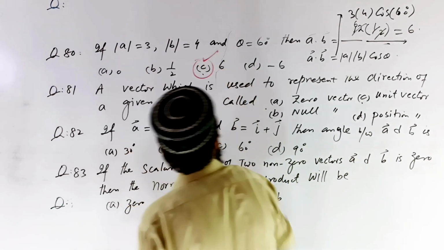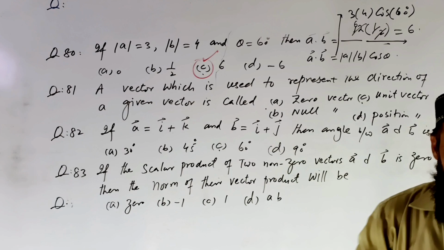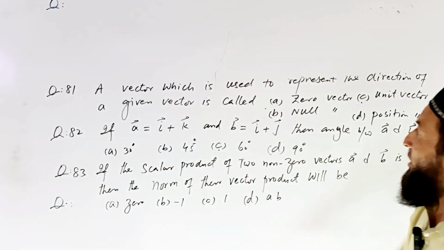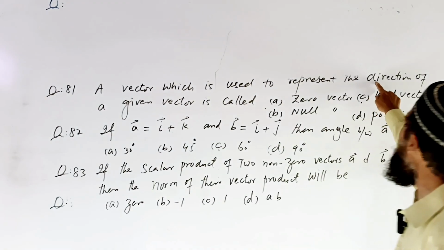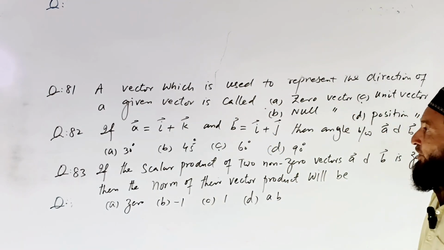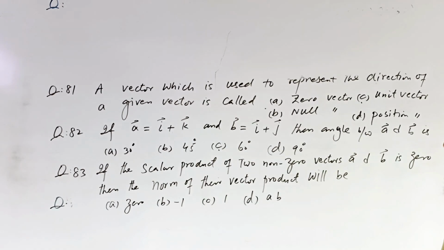In this case, according to the dot product or scalar product. The vector which is used to represent the direction of the given vector is called... This is the definition of a unit vector.